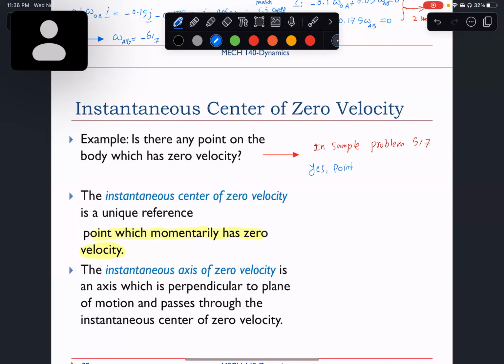Point C, because the wheel is not slipping.